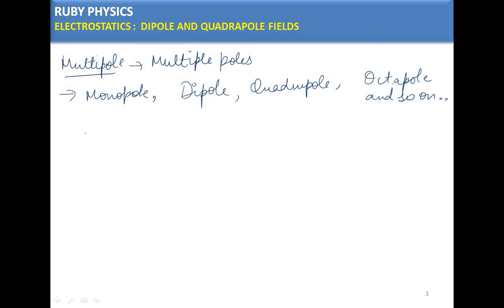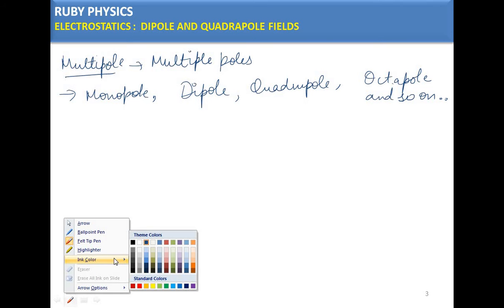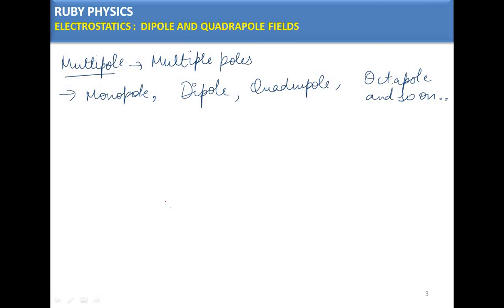Okay, so first of all, what do you mean by a monopole? In a monopole you will have a positive charge or a negative charge. A single charge will be there in a monopole, and for the monopole the potential varies as 1 upon r.